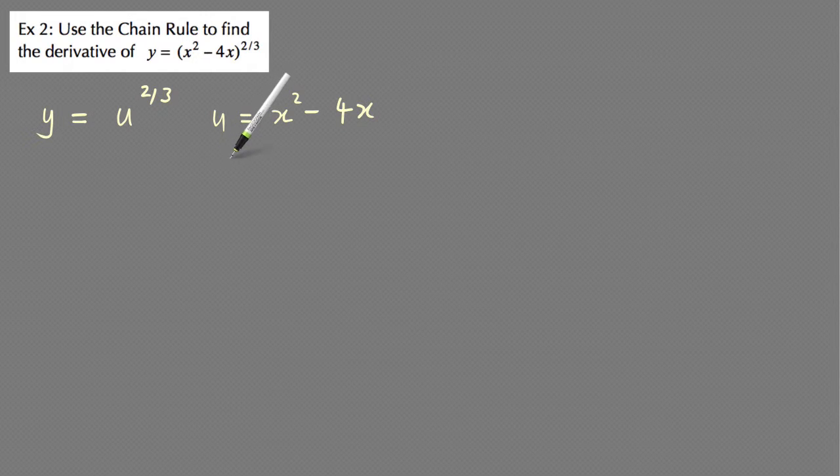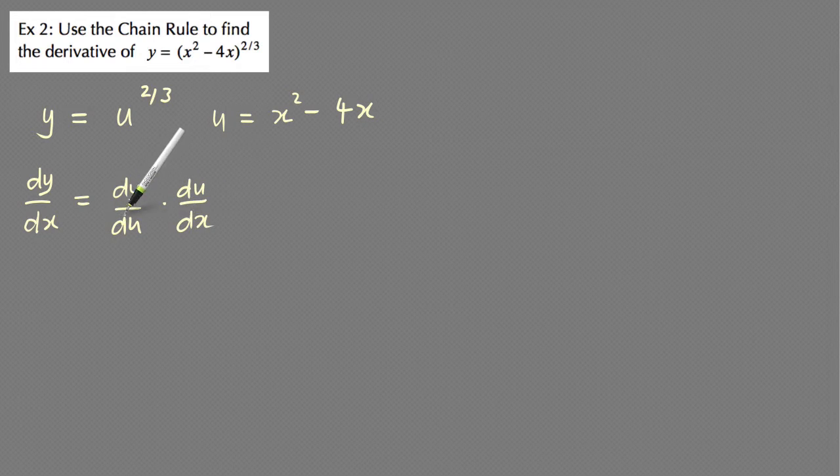I'll write the chain rule first this time, dy/dx equals dy/du times du/dx. So you need to find du/dx again: deriving this you get 2x, deriving 4x is 4, so 2x minus 4 is du/dx.